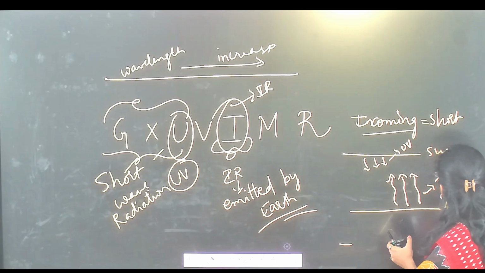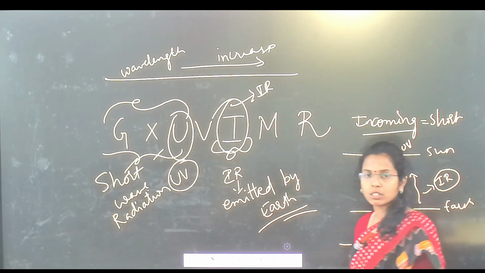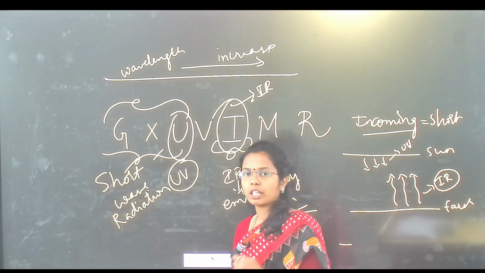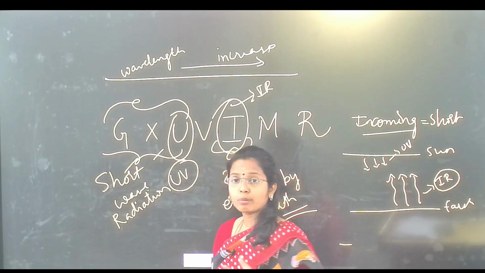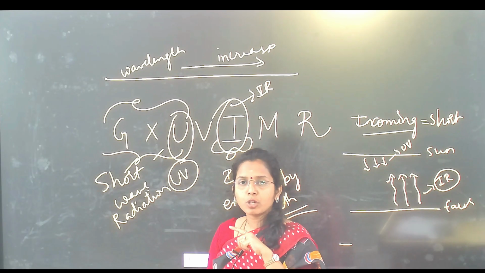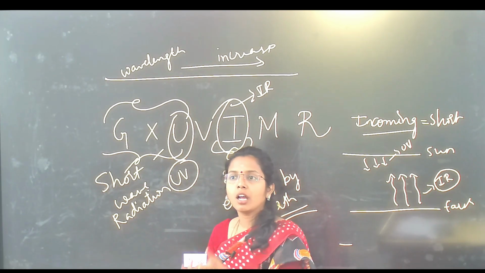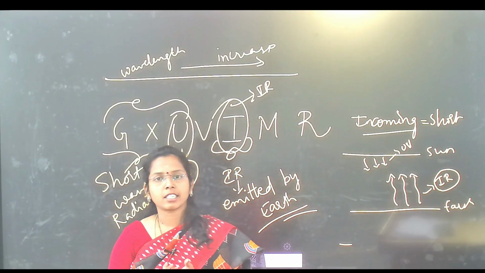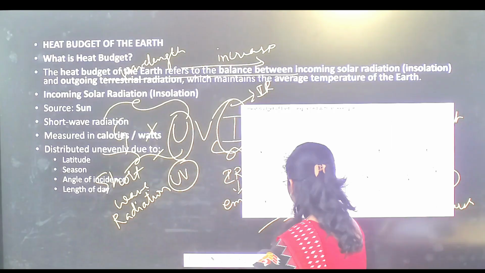Carbon dioxide or greenhouse gases, what will they absorb? They will absorb infrared radiation. UV absorption happens in the stratosphere by ozone. UV is short wavelength, so it is incoming solar radiation.